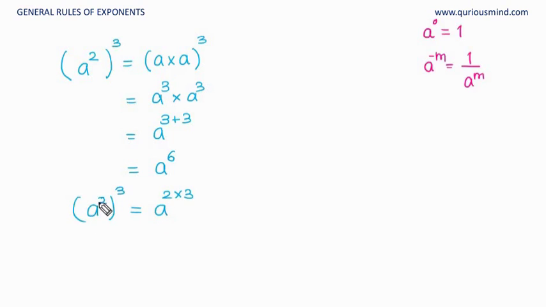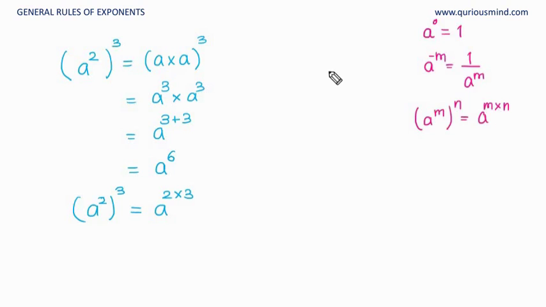And this rule can be generalized as a raised to m whole raised to n. It's same as a raised to m into n. Power stays same, but this is multiplication of these two.